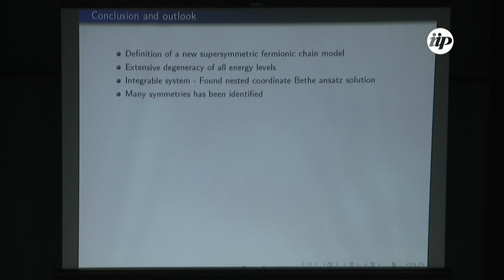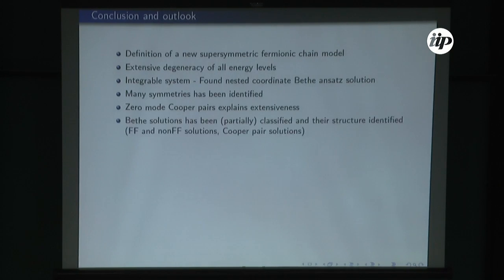And then we had a lot of symmetries, including this zero mode Cooper pairs, which explains the extensiveness of the degeneracy. And then we find that the Bethe solutions with symmetries recover the whole spectrum.